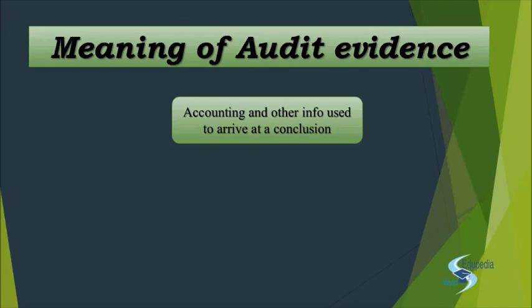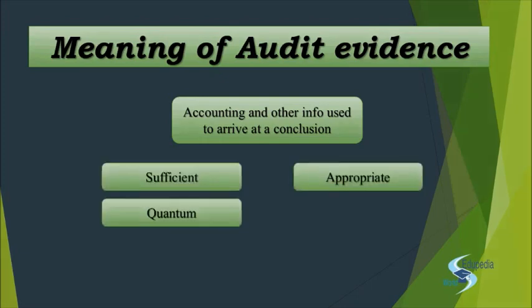If the appropriateness level is low, then you will have to increase the sufficiency level. And if the appropriateness level is high, then you can keep the sufficiency level at lower range, right? Now to get a better understanding on that, we would see what is appropriate and sufficient.